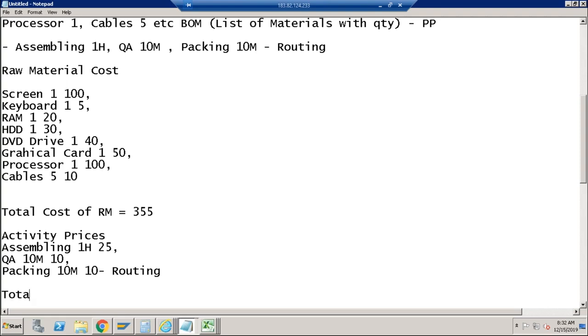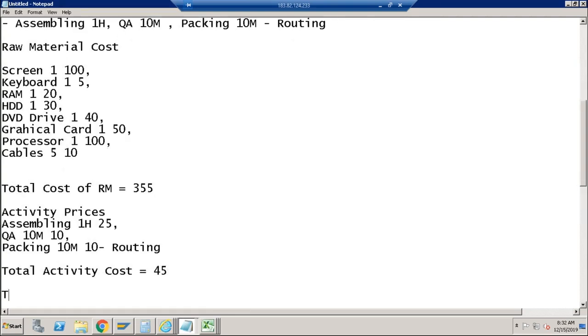So total activity cost again is equal to 45. So total standard cost of material is equal to 400 USD.